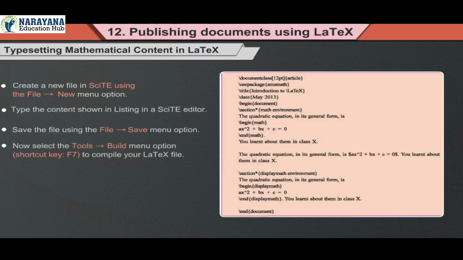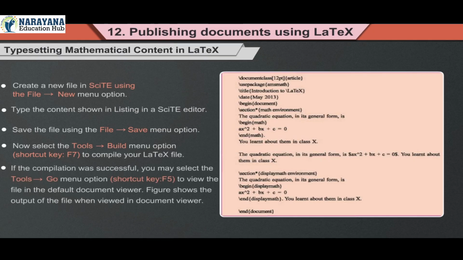Now select the Tools, Build menu option, shortcut key F7, to compile your LaTeX file. If the compilation was successful, you may select the Tools, Go menu option, shortcut key F5, to view the file in the default document viewer. Figure shows the output of the file when viewed in document viewer.